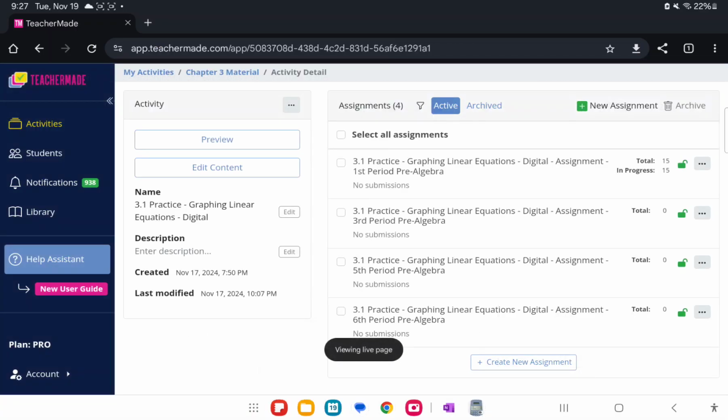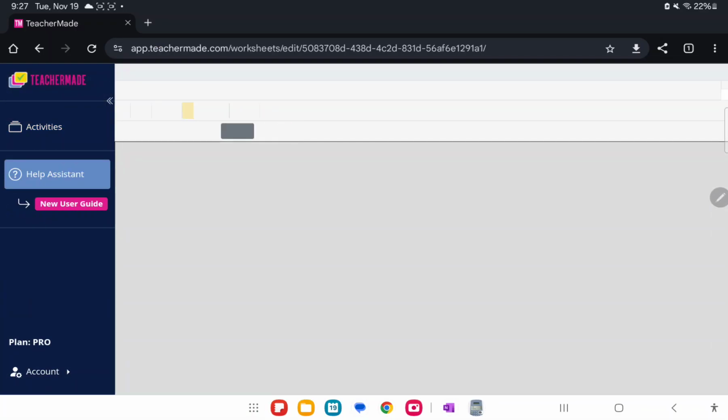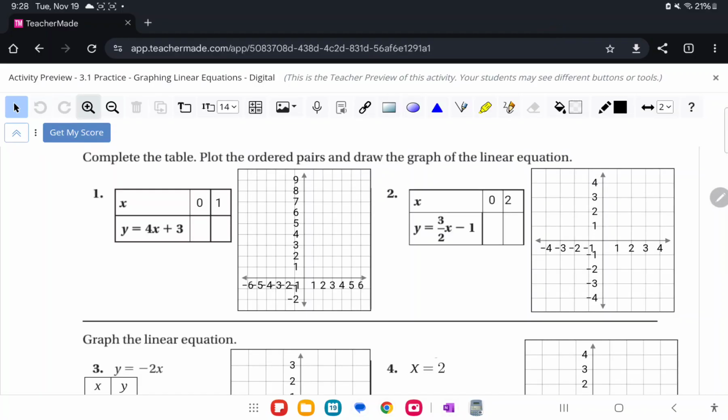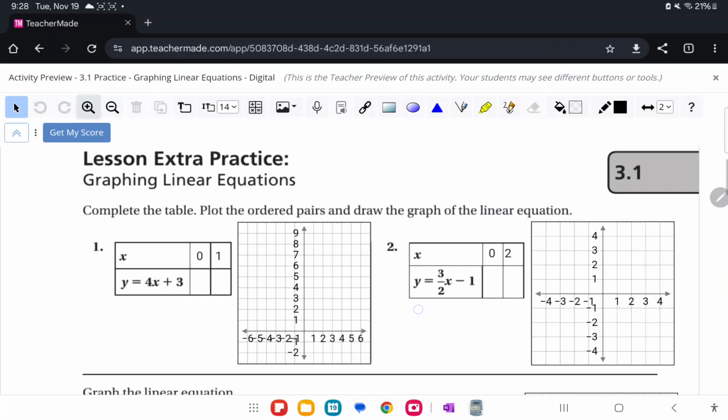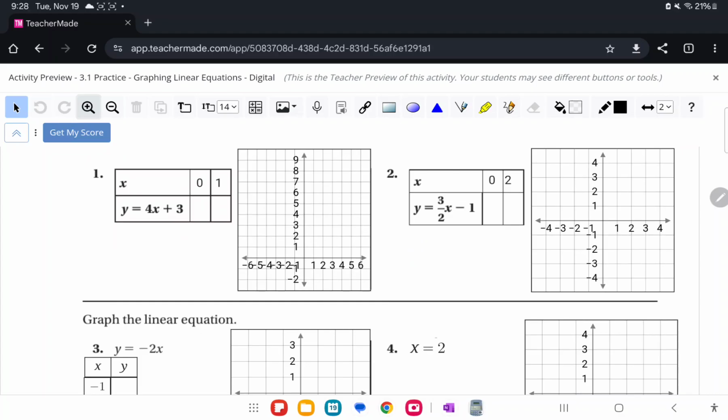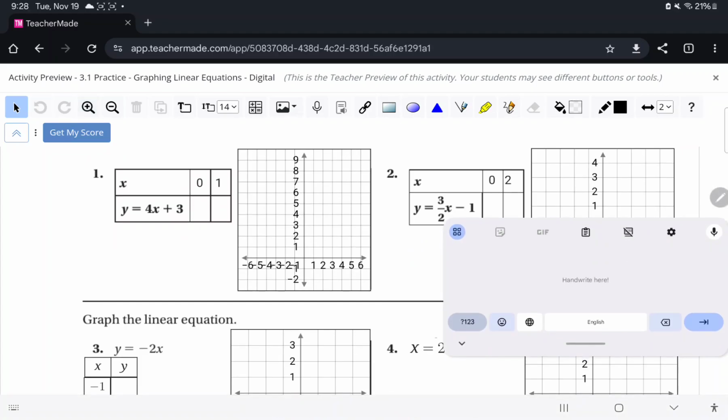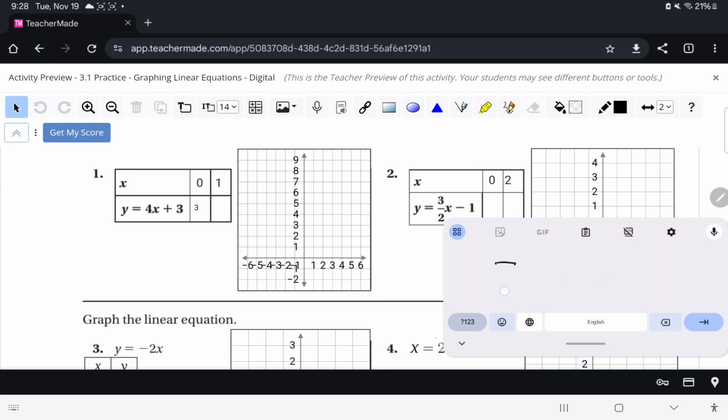So when you get that open, we go here to number 1. We're going to click right here, and that value from our table was a 3, and this one right here was a 7. So that's going to be 3, and that's going to be a 7.